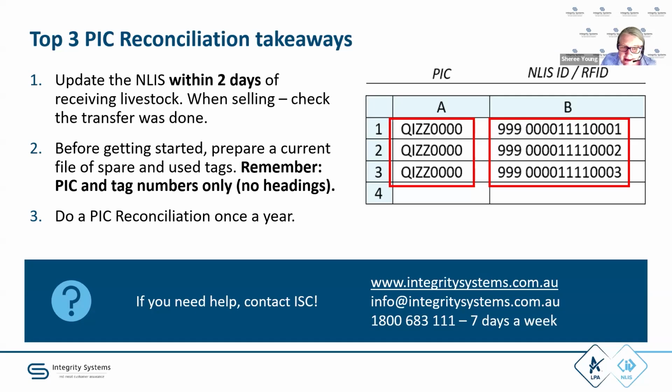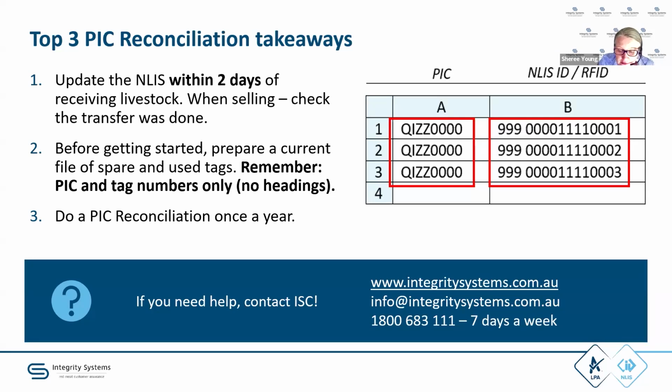Number 1, and I know we keep going on about this, is the 2 days to update the NLIS within 2 days of receiving livestock. It's really important this is done quickly, because of the biosecurity and traceability requirements, and this is what keeps the system up to date nationally.